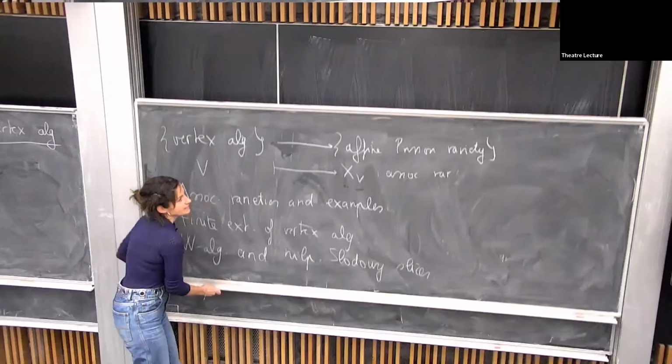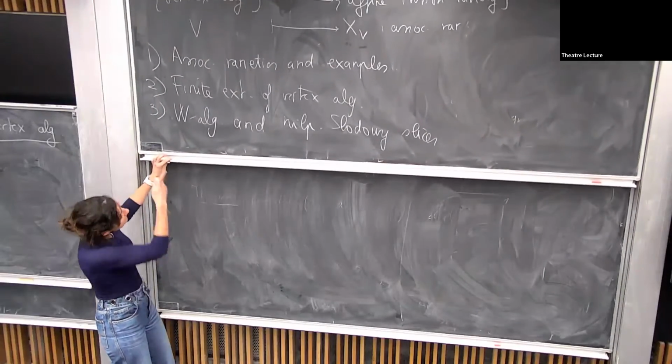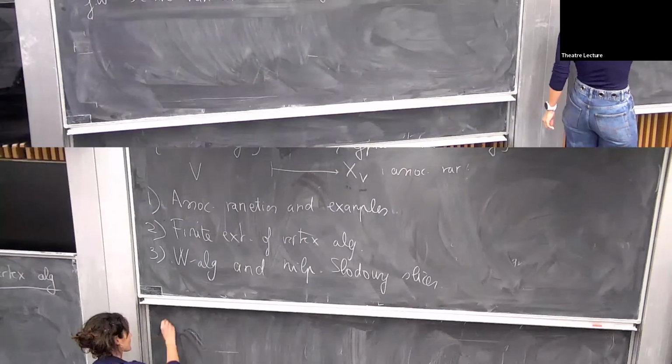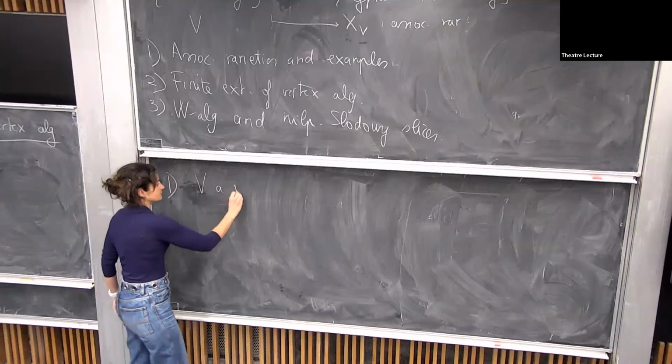All right, so let me explain how to construct this affine Poisson variety. Let's start with a vertex algebra.